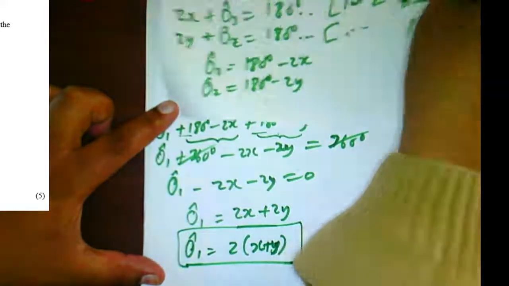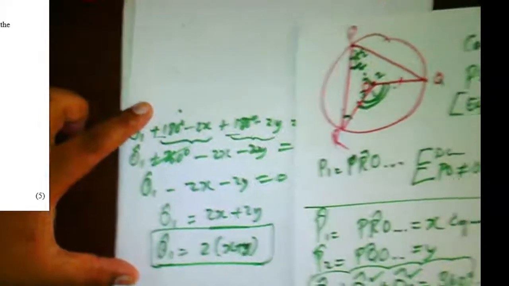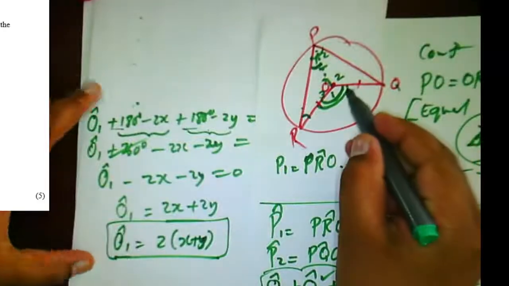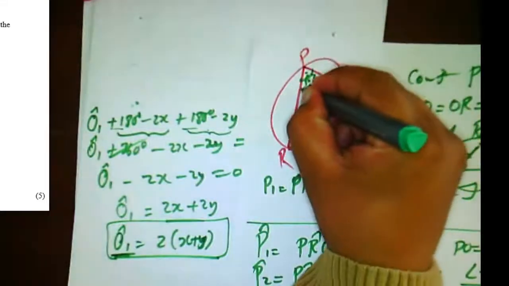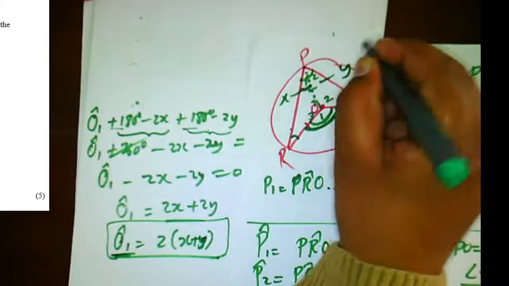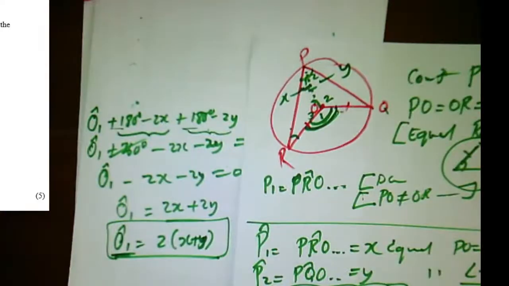Alright, now I bring my angle to the center. The angle at the center is angle O1. The angle at the circumference, this was x and that was y. Do you agree with me? Yes.